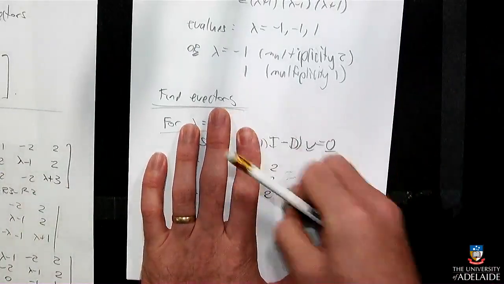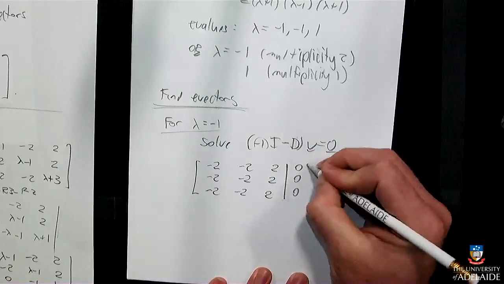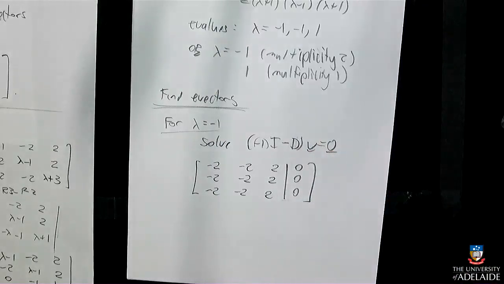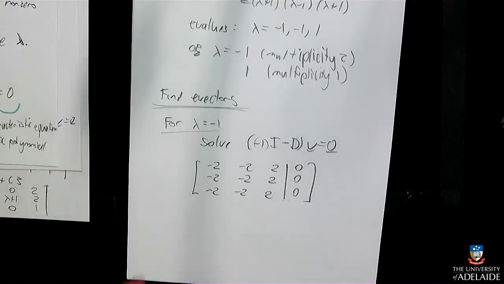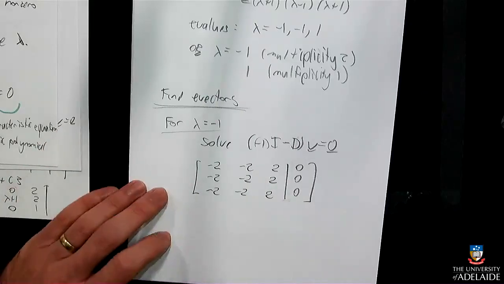So in a completely technical sense, there is a column of zeros here because I'm solving a system of equations, a matrix equation. And if you pay attention, you'll notice that all 3 of these rows are the same. And so if I did some row operations, I could get a whole lot of zeros there.